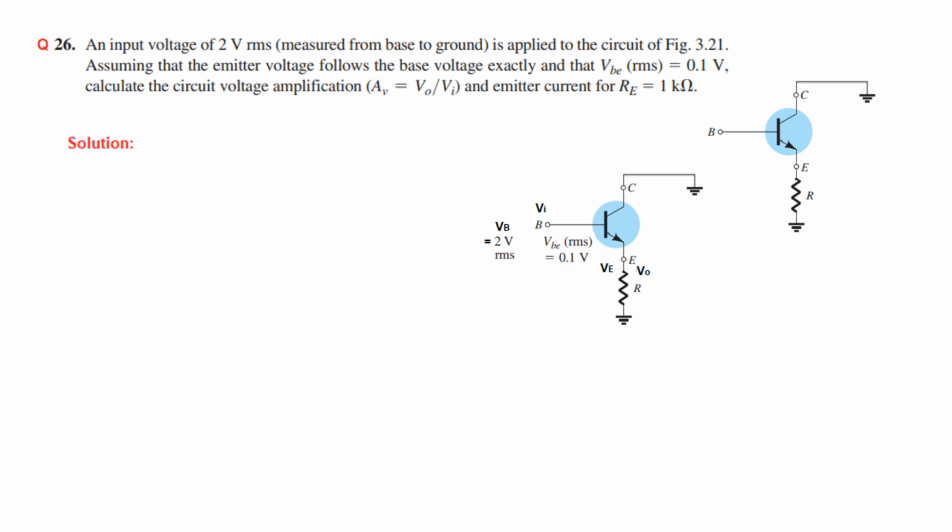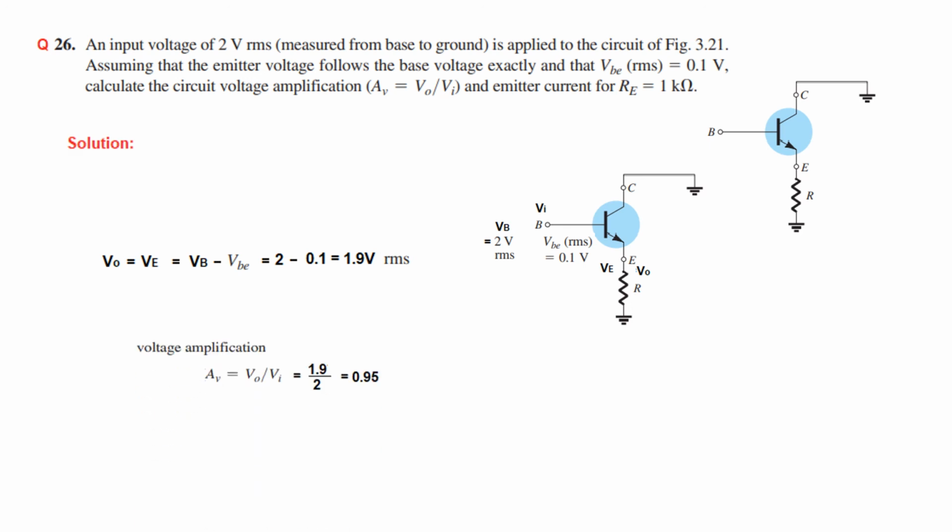At point E, the voltage is generally called VE, but since we are taking output from here, this is also our output voltage, VO. VO is actually VB, the voltage from base to ground, minus VBE. So 2 minus 0.1 is 1.9 volt RMS. So this is the output voltage here.